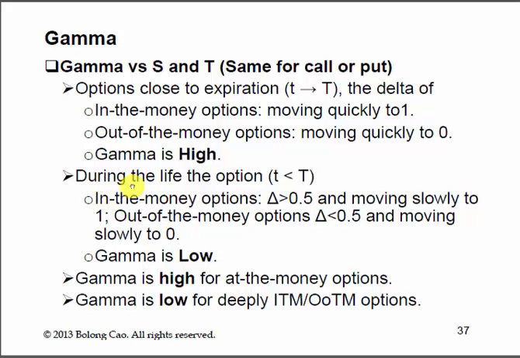Now, during the life of the option, we're thinking about different underlying price levels. For in the money options, delta is higher than a half, and it moves slowly to 1.